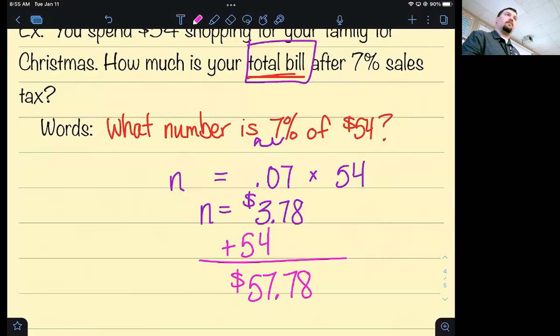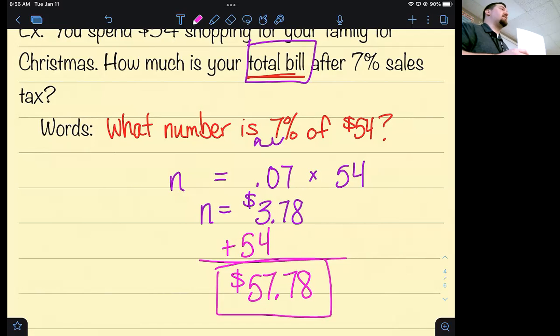Is that what you would say? I got 57 as well. Oh, 0.57. Try it again. 3.7. Maybe you've had the decimal in the wrong spot. 3.78 plus 54. Does that work? Okay. That's it.